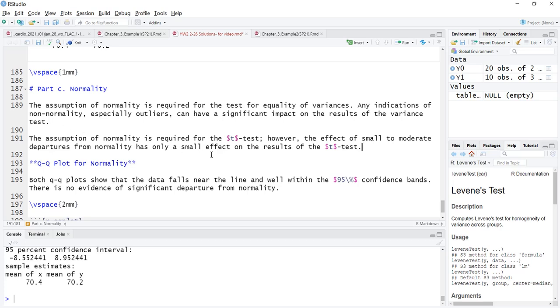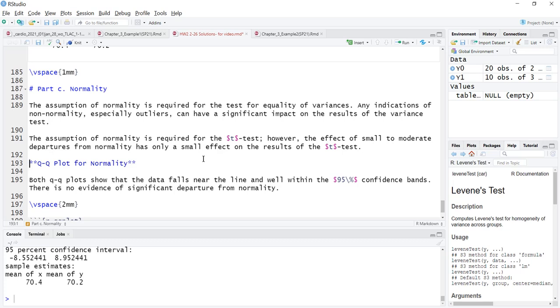So, assumption of normality is required for the t-test. However, the effect of small to moderate departures from normality has only a small effect on the results of the t-test. Okay, so it's not as important, but it's important, but it's not as important. Okay, so one outlier may not affect it too much.